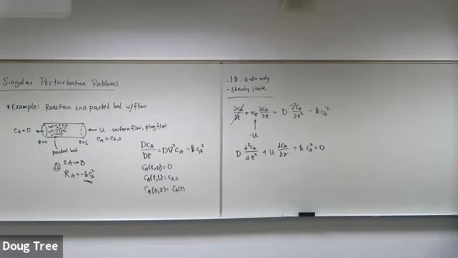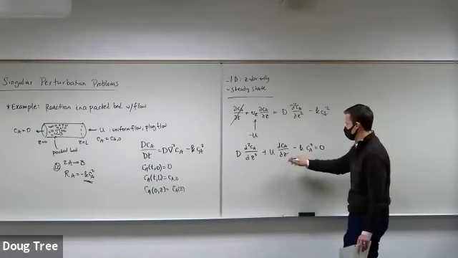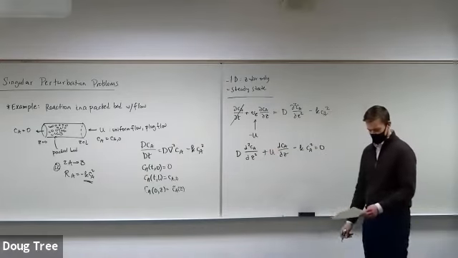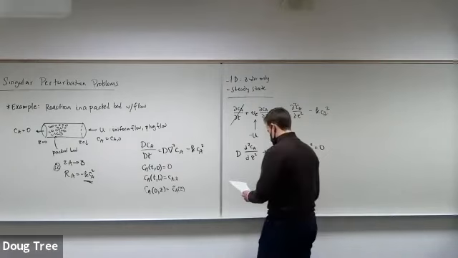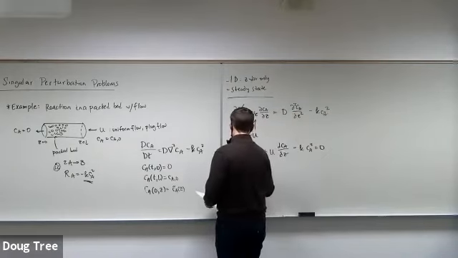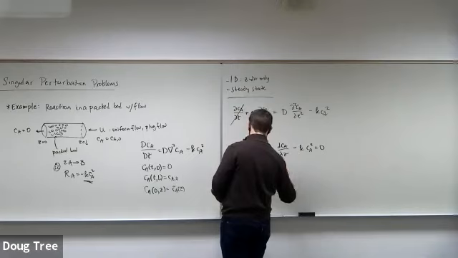So the next thing we want to do is non-dimensionalize this guy. So we're going to make this thing dimensionless. This will be really important, as we'll see in a second.